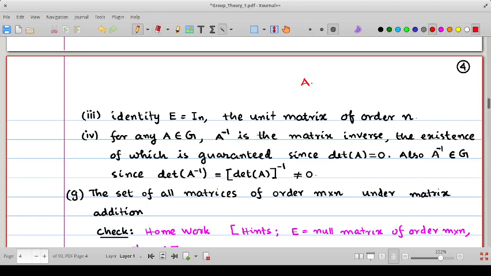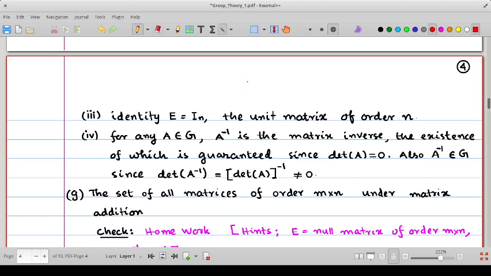For any n by n square matrix, A times In is equal to A is equal to In times A. So there is an identity for the non-singular matrices under matrix multiplication as well.